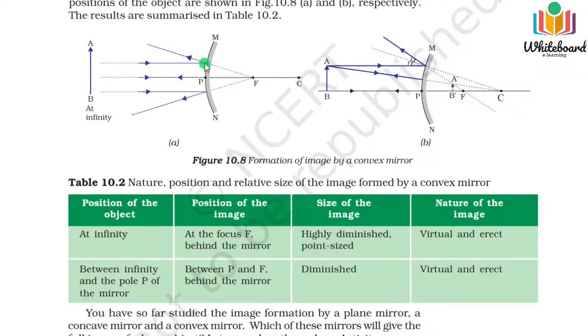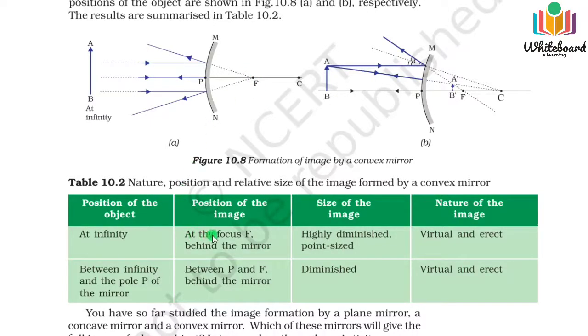If we extrapolate the rays, actually they will not meet at this point, they will reflect back. But if we extend the rays behind, it will meet at the focus point. So at the focal point, a point size image will be formed.